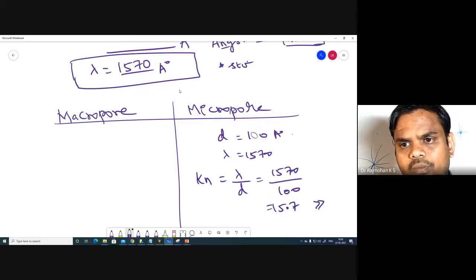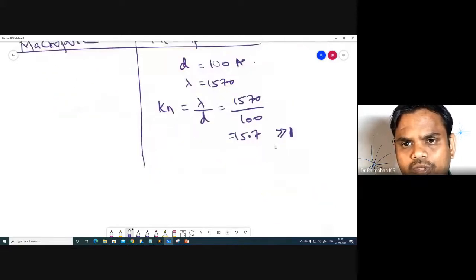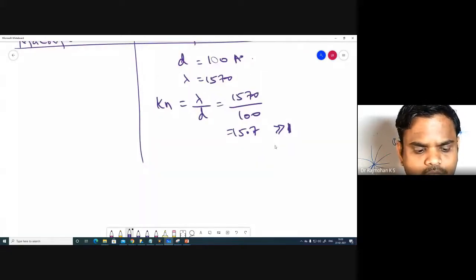Which is very much greater than 1, which means that Knudsen diffusion is predominant in micropores.